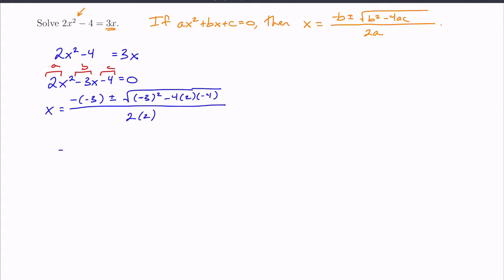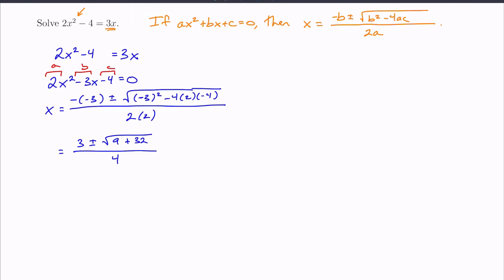The first steps in simplifying this will involve cleaning up the opposite of negative 3, becoming 3 in the front. Underneath the radical, negative 3 squared is 9. Also under the radical, negative 4 times 2 times negative 4 is positive 32, and 2 times 2 in the denominator is 4, giving us 3 plus or minus the square root of 9 plus 32 all over 4.